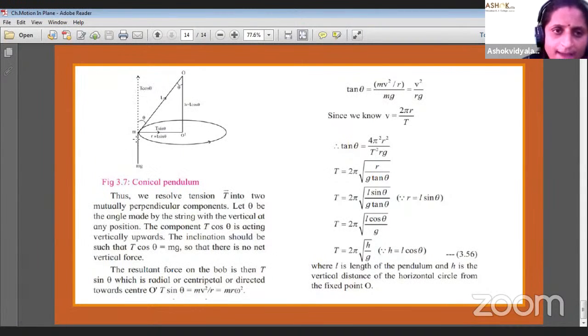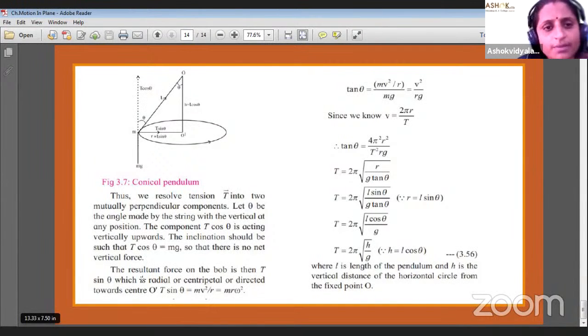The resultant force on the bob is then T sin theta, which is radial or centripetal, directed towards the center O. That is, T sin theta is equal to mv square upon r, which is equal to m r omega square, where T sin theta is the centripetal force towards the center of the circle.